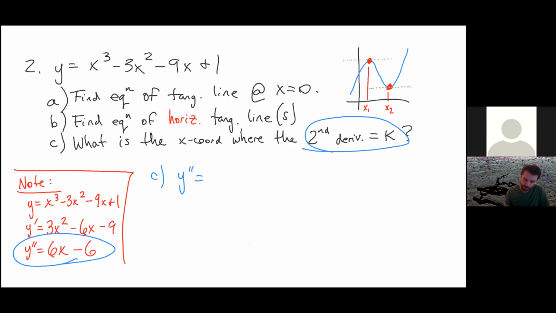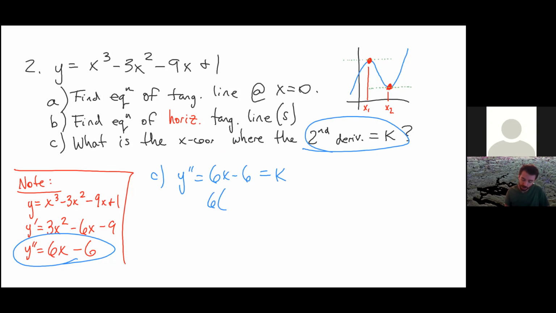So y double prime was 6x minus 6. If I set that equal to k, and I want to know the x coordinate, that implies I should just solve for x. Well, my first step could be, I can pull a 6 out, right?